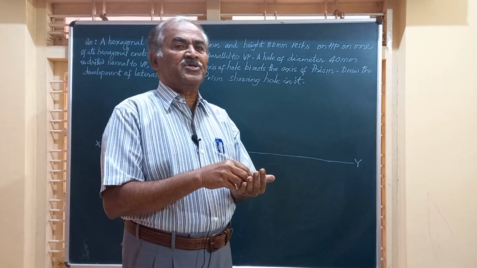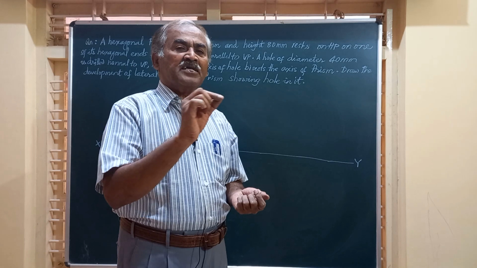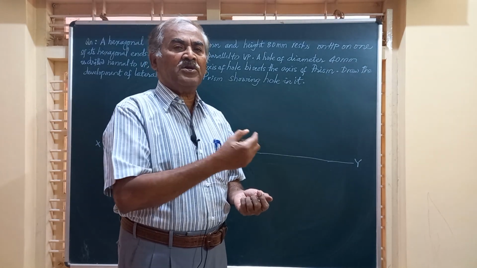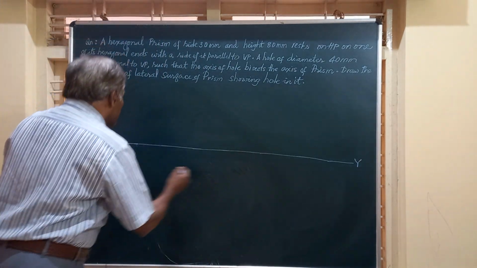So, for the given condition, friends, let us place the prism on HP such that a shorter edge is parallel to VP, and obtain its top and front views. I have written the XY line.